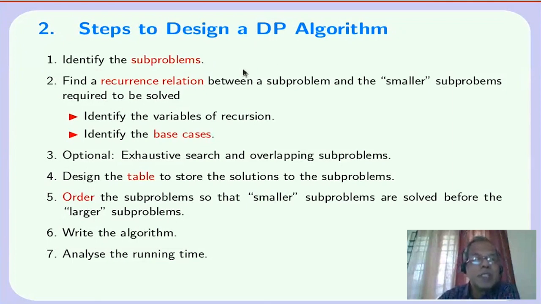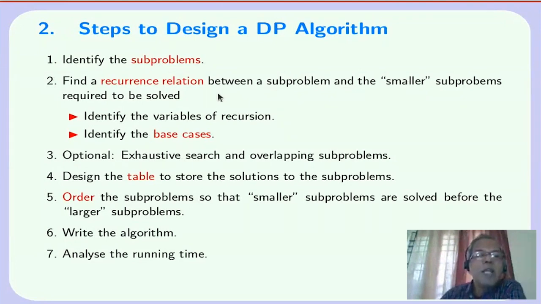Whereas a recurrence relation is a formal description between a subproblem and the smaller subproblems. In order to solve the given subproblem, we need to first solve the smaller subproblems. The solution to the given subproblem can be constructed only from solutions to the smaller subproblems.